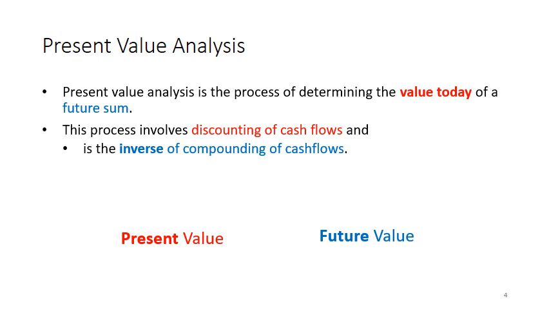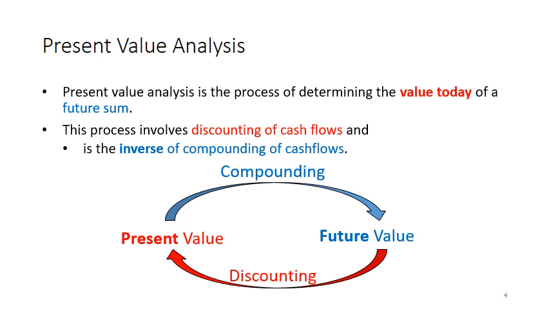We know we have present value and future value. When we compound the present value, we get the future value. If it's the other way around, we discount the future value to find the present value.